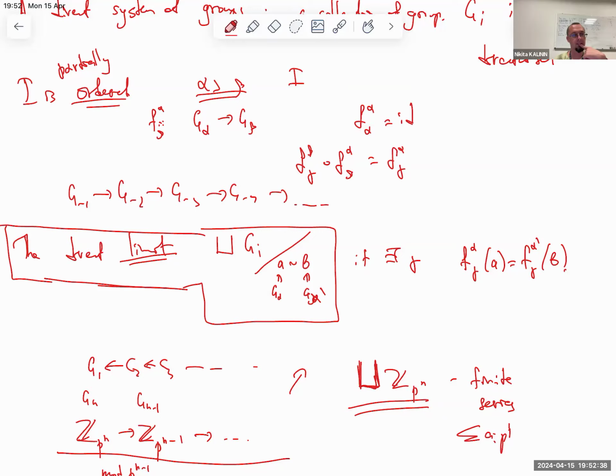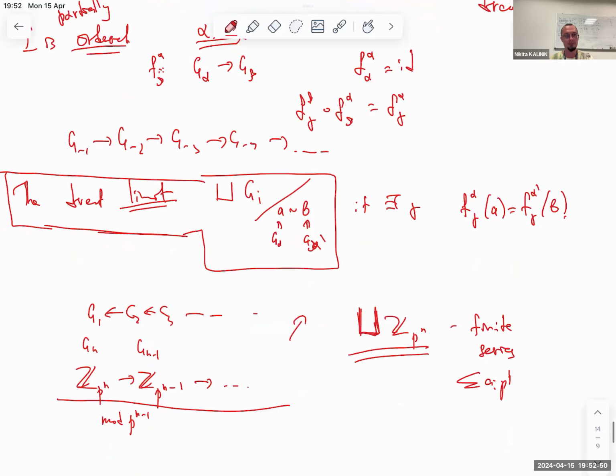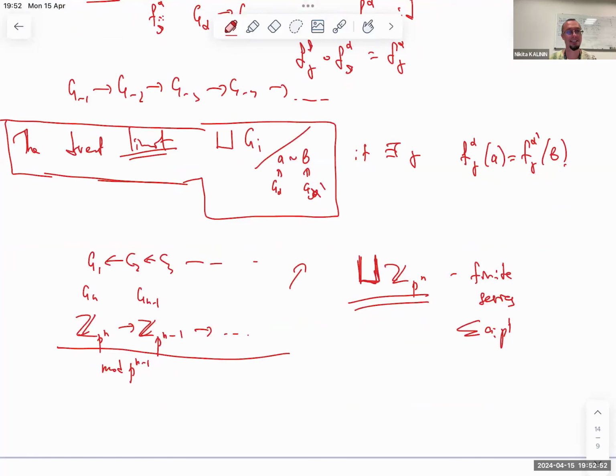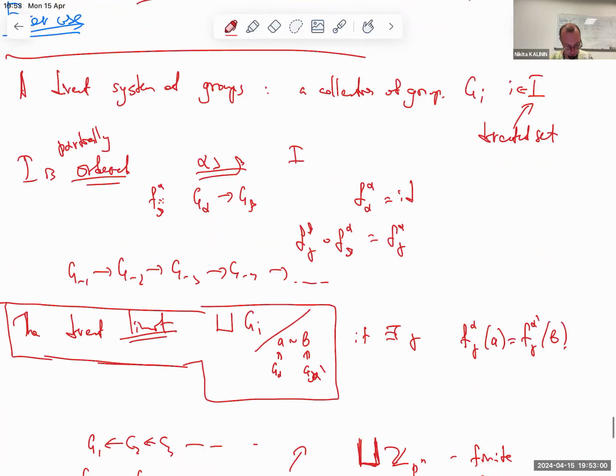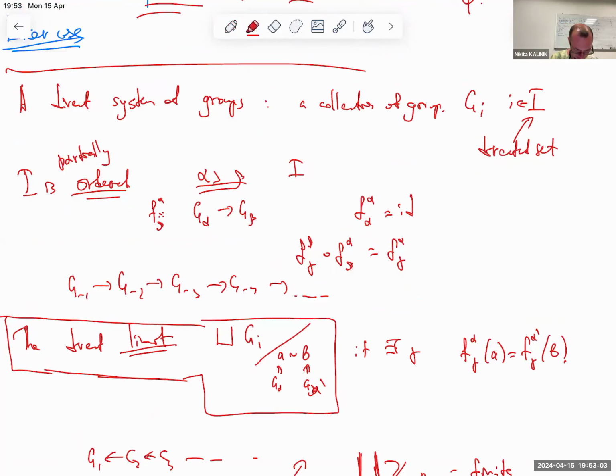Okay. Well, you see, I'm not a specialist in that thing, so indeed, I remember that the p-adic numbers are an inverse limit of a system. But at least as I check here, it does not coincide with what I told you. So at least in that case, it's not the inverse limit. So it's something different. So I suppose that this definition is correct. So that's the definition of direct limit.